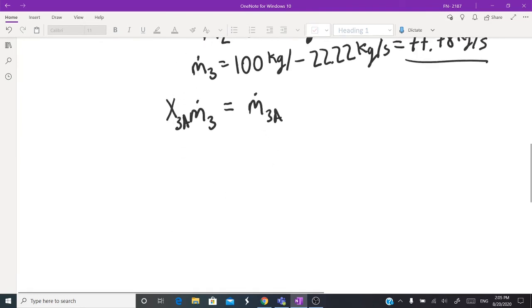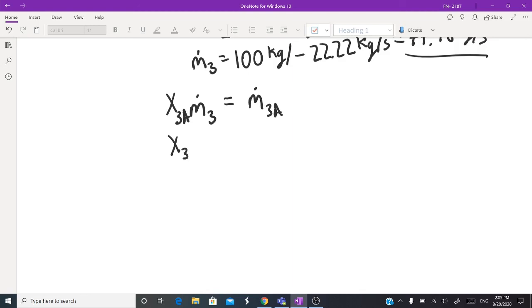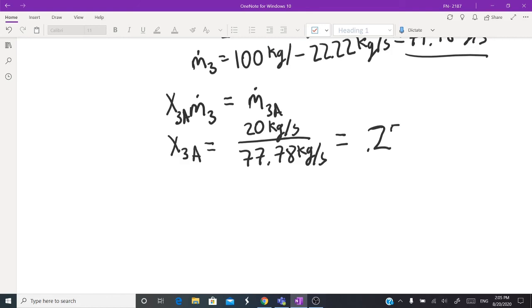And so X3A is equal to 20 kilograms per second divided by 77.78 kilograms per second, which is equal to 0.257, which means that X3B is equal to 1 minus 0.257, which is equal to 0.743.